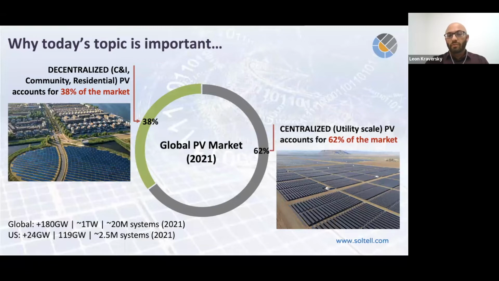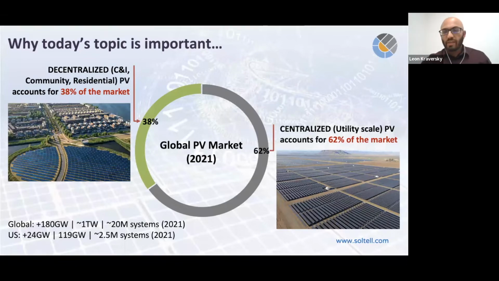So we're roughly talking about 1 terawatt of solar deployed worldwide, and this is growing at an exponential rate. About 38% of this market is decentralized PV, which is from residential and small commercial to community and industrial scale. Roughly, it's typically defined as something below 1 megawatt, and it's also typically on the rooftops.